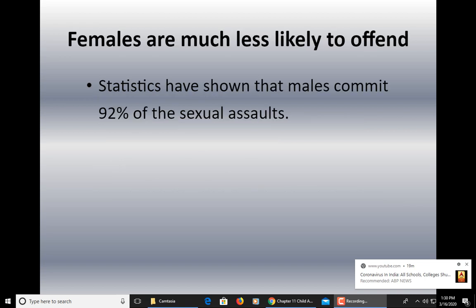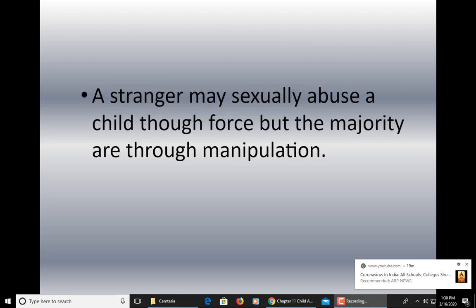And when it comes to males versus females, males are the predominant offenders on just about all sexual assault cases. And I just got through saying that most sexual abuse occurs through manipulation, but a stranger may sexually abuse a child through force. But they can use manipulation as well.